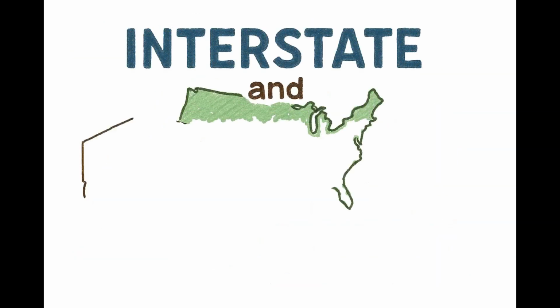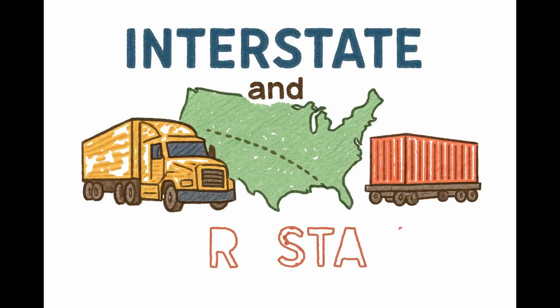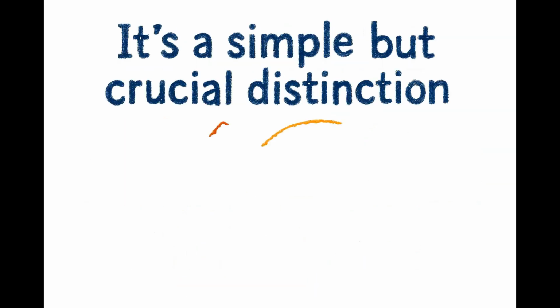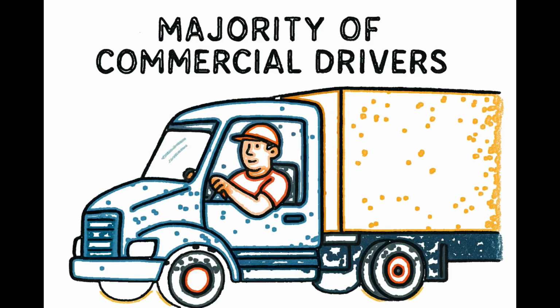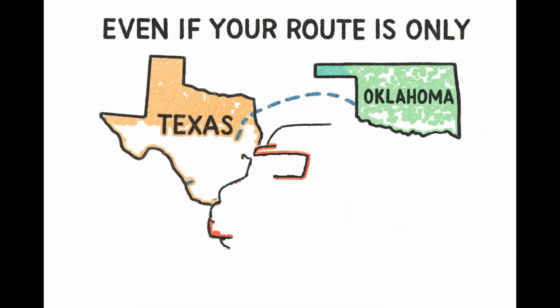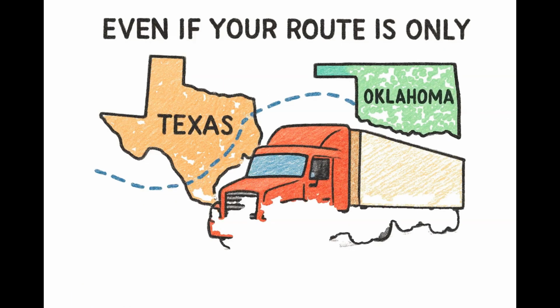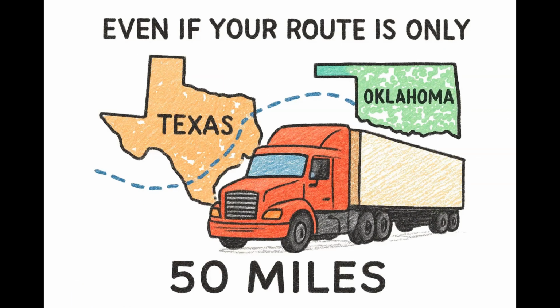Now, you might hear the terms interstate and intrastate commerce thrown around. It's a simple but crucial distinction. Interstate commerce is when you, your vehicle, or your cargo cross state lines. This applies to the vast majority of commercial drivers. Even if your route is only 50 miles, but it starts in Texas and ends in Oklahoma, that's interstate.